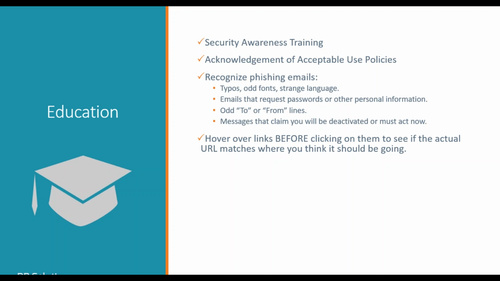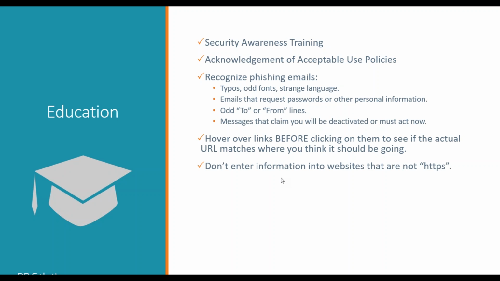And when you think you're clicking on the link to go to Amazon and instead you see some weird, bizarre domain name and all this other stuff, well, that's not Amazon, and maybe they're trying to phish you. That's something you can do, and it's really helpful to avoid those phishing attacks.